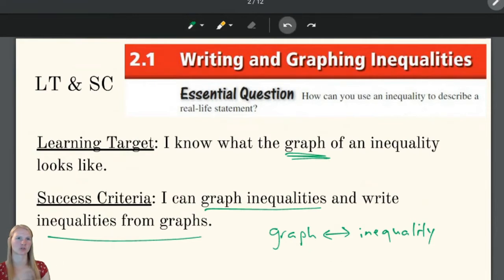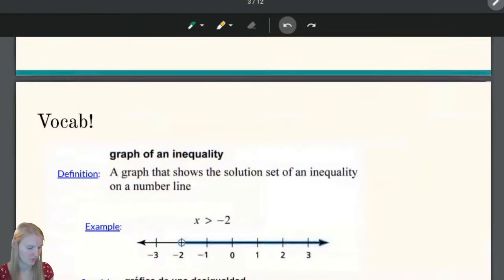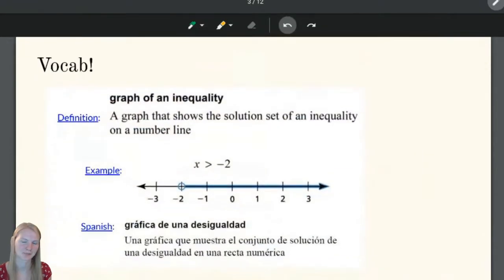I'm going to show you how to do both. Take an inequality, write a graph. Take a graph, write an inequality. First, some vocab. What is the graph of an inequality? The graph of an inequality is a graph that shows the solution set of an inequality on a number line.